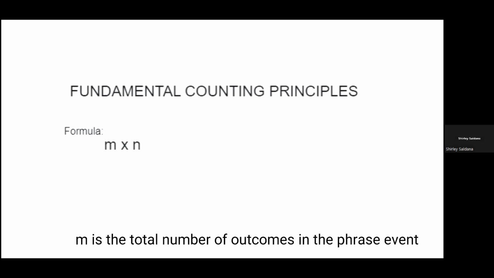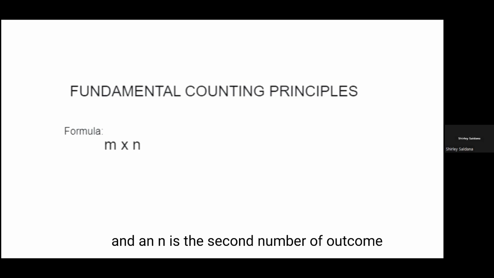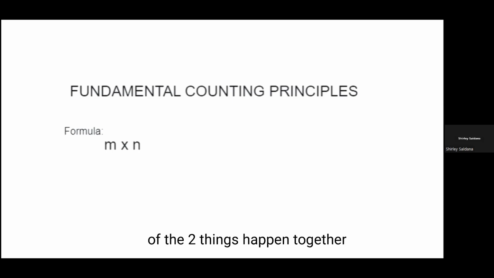M is the total number of outcomes in the first event, and n is the number of outcomes in the second event. So m times n is the total number of outcomes when the two things happen together.